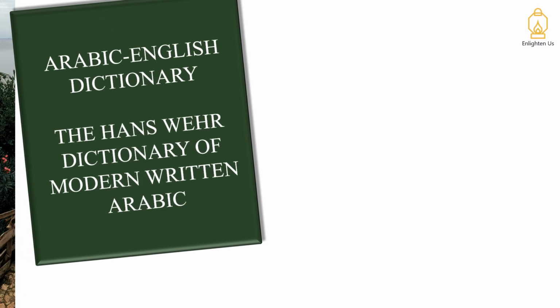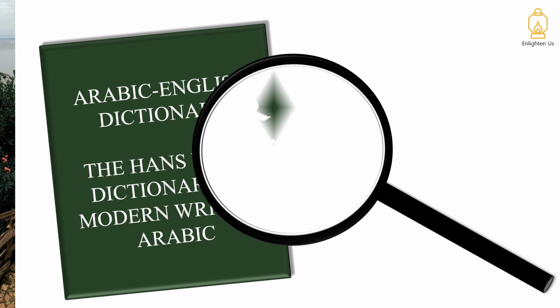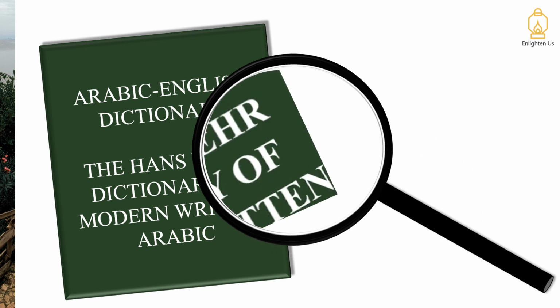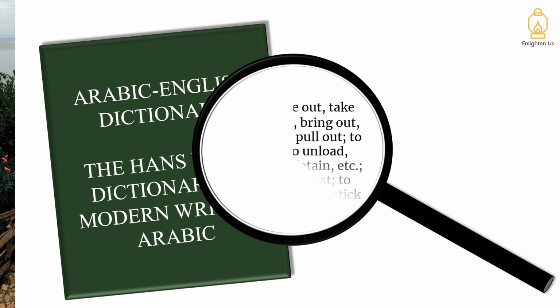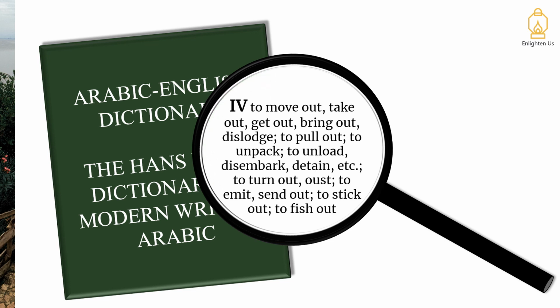We're going to do something a little bit different. Using the Hans Wehr Dictionary, we're going to be looking at the definition of the verb form rather than each individual word.